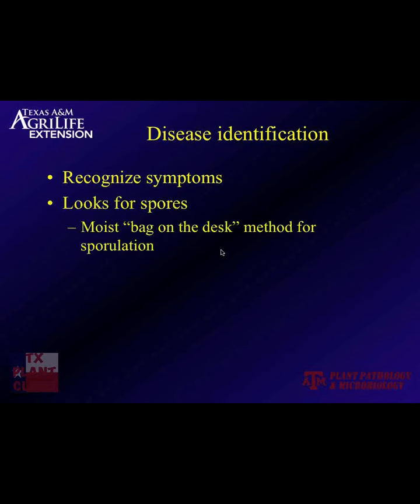Look for the spores. And typically when you see those symptoms up top and it's moist, there's a real good chance that you will actually see the spores or at least some fuzz underneath. You may need a hand lens to look for those structures. Occasionally, if it's severe enough, then you'll see the dusty, dark, dirt-looking thing on the back, as I showed you in one of the slides earlier.